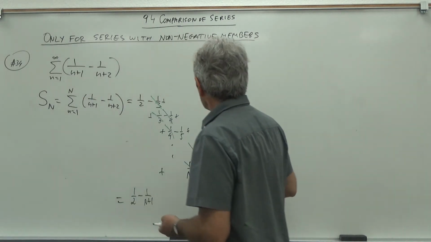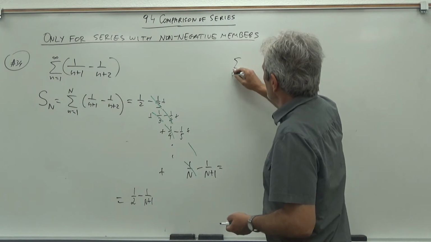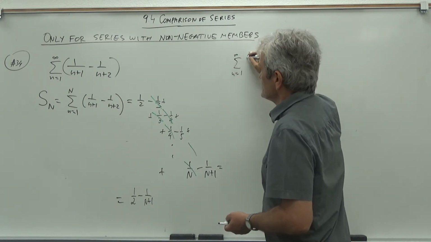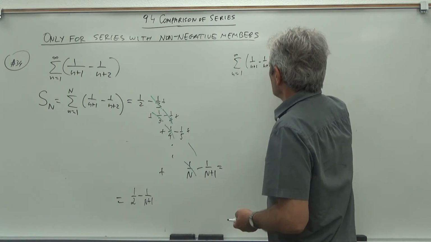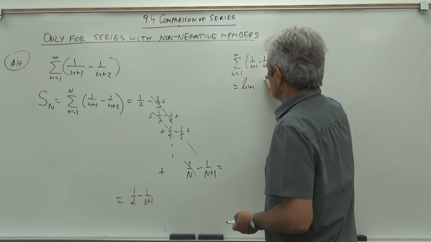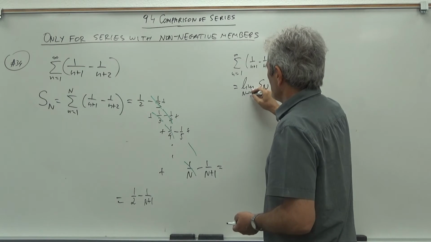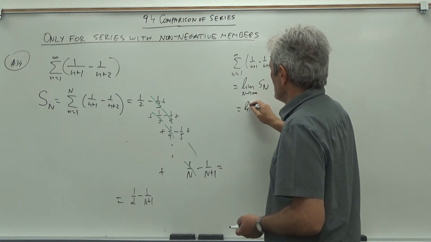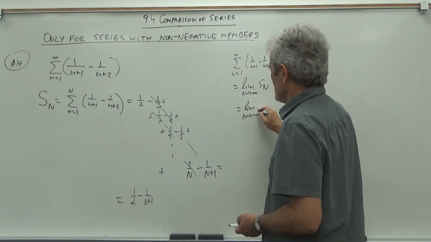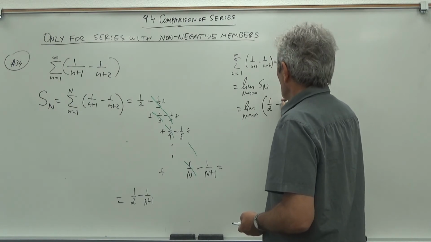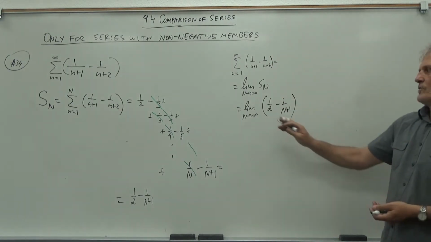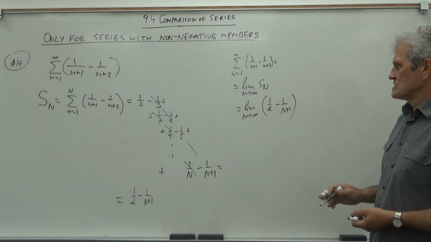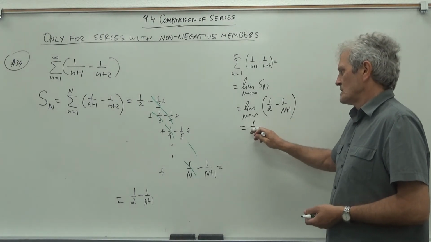Then, since I was able to describe S_N so nicely, the sum from n equals 1 to infinity of 1/(n+1) minus 1/(n+2) is the limit of S_N when capital N goes to infinity, which is the limit of 1/2 minus 1/(N+2). Of course, 1 over a huge number approaches 0, so this limit is 1/2.